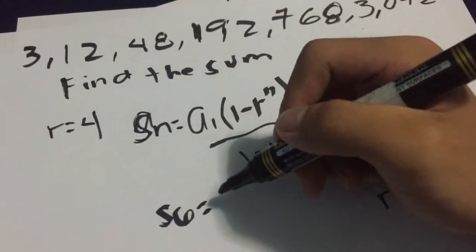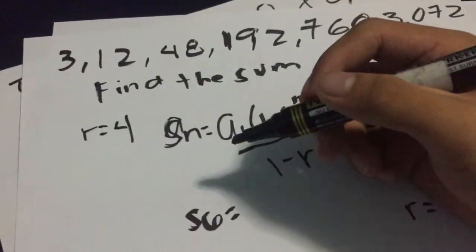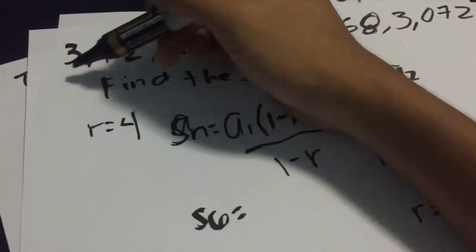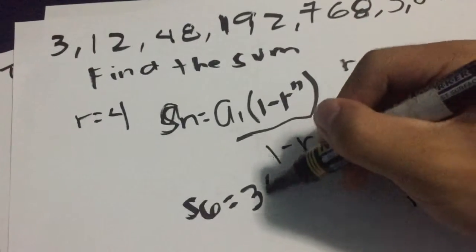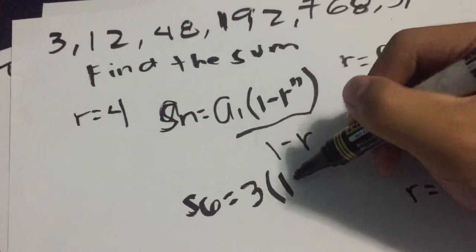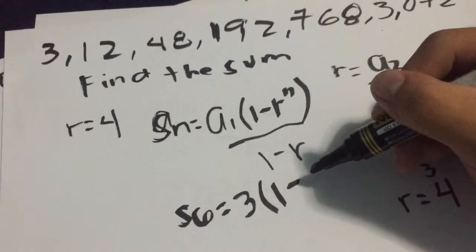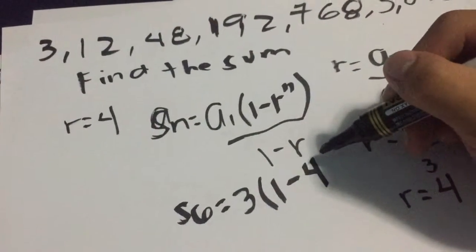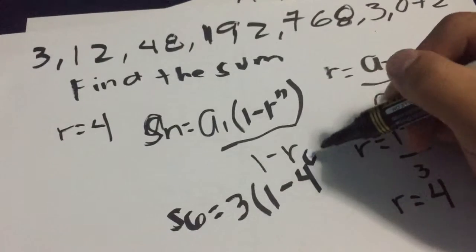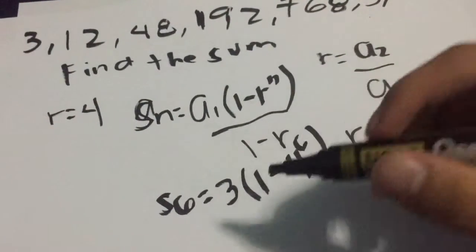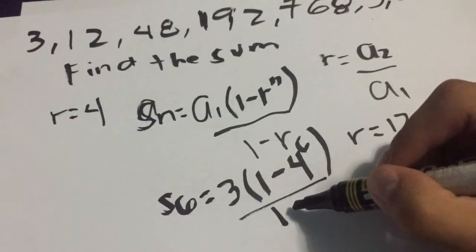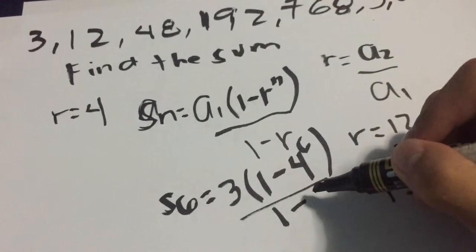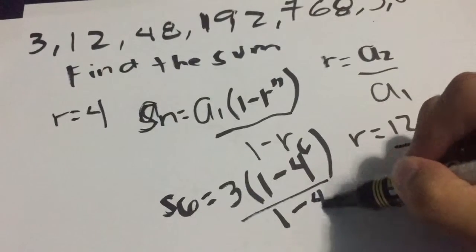So our first term is 3 times 1 minus our common ratio, which is 4, raised to the 6th power, the number of terms, over 1 minus our common ratio.